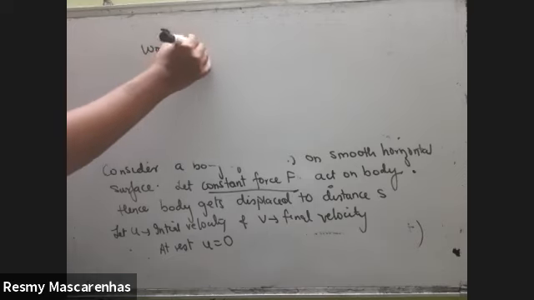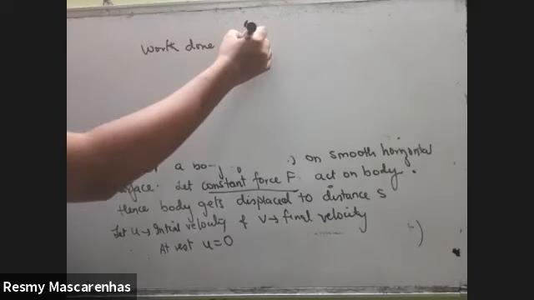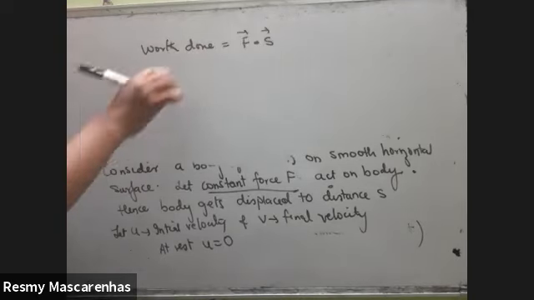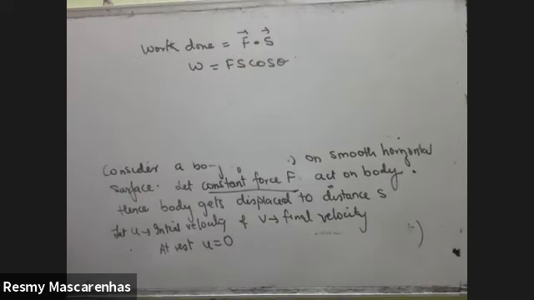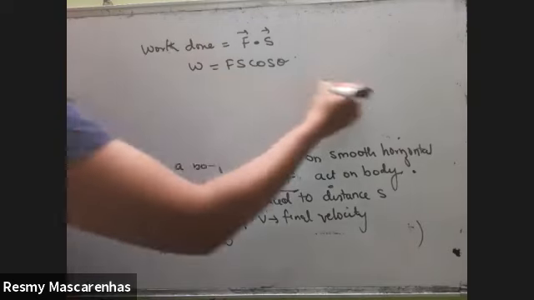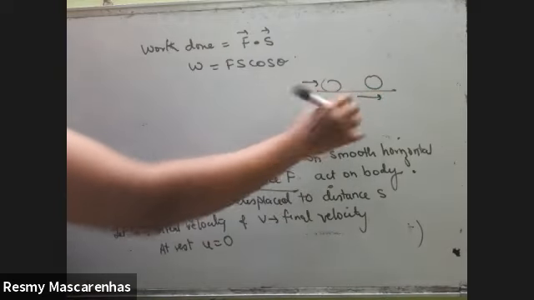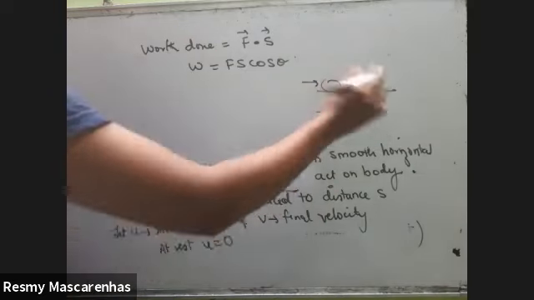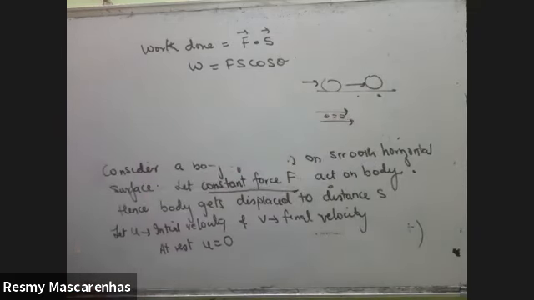Now we'll calculate the work done. You know that work done is force into displacement. W is this; this formula we have already studied. Looking at the diagram, force is applied this side, displacement is also this side, they are parallel, both in the same line. Any two parallel lines in the same direction, theta is always 0, I told you.